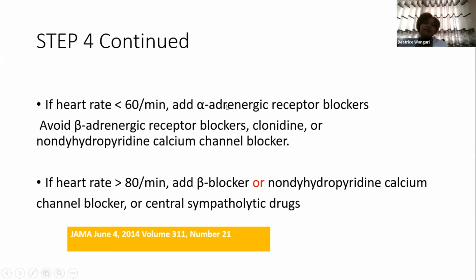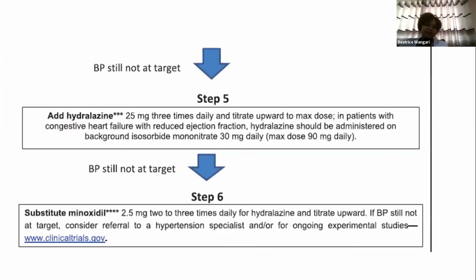So you're probably better off adding the alpha adrenergic receptor blockers. But if the patient has a heart rate of above 80, then you're free to choose from any one of these medications. We also put a caveat about using beta blockers together with non-dihydropyridine calcium channel blockers because of their tendency to cause bradycardia when used together.